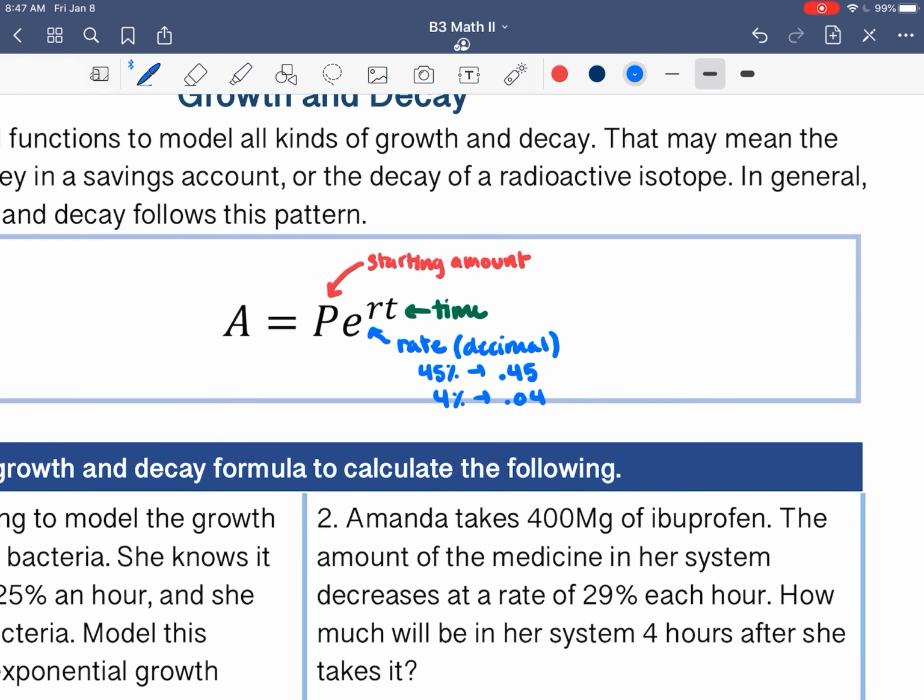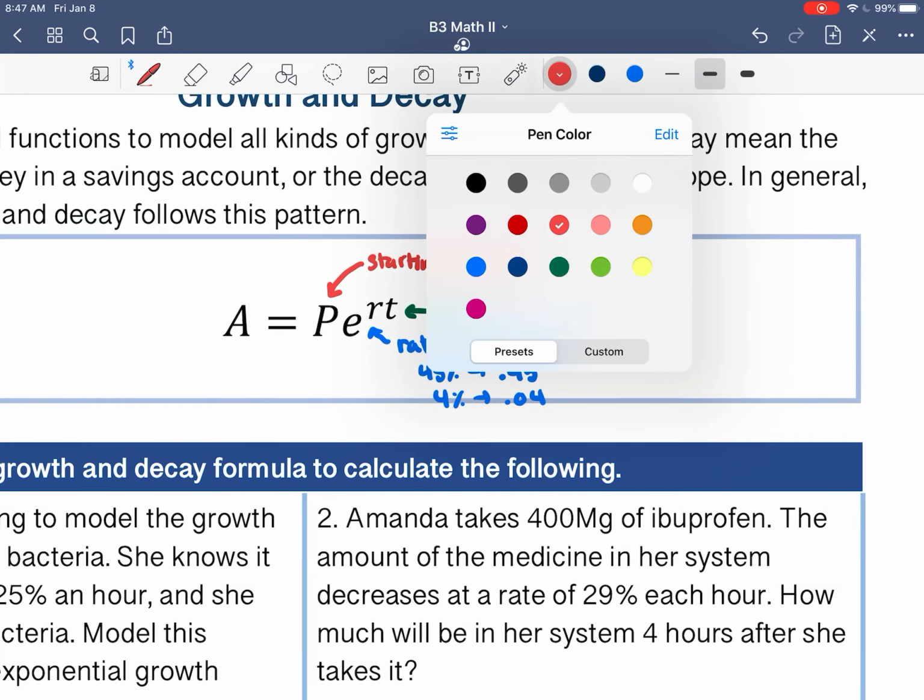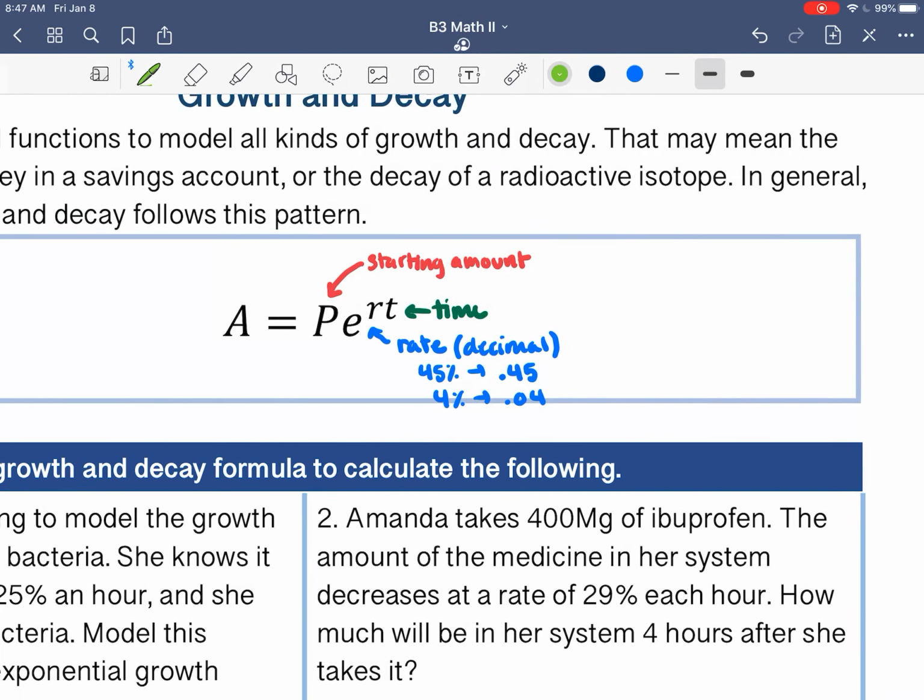Last we have e, which is not in fact a variable. It's standing in place of a specific number. This number is something that shows up in nature a lot, and so we've given it its own name.